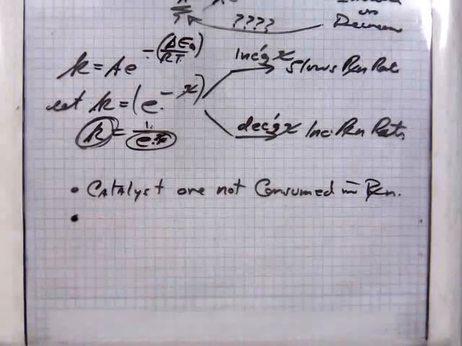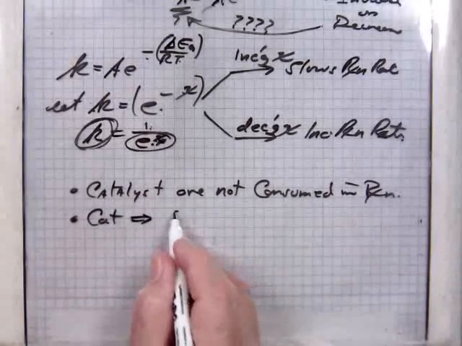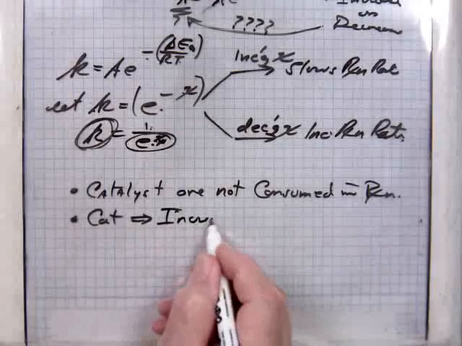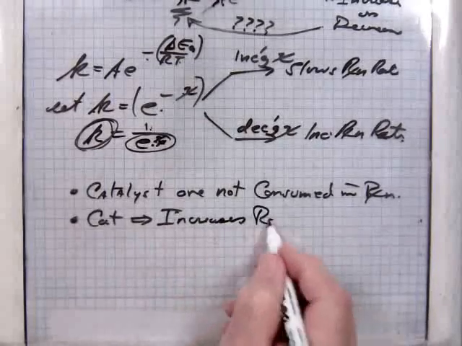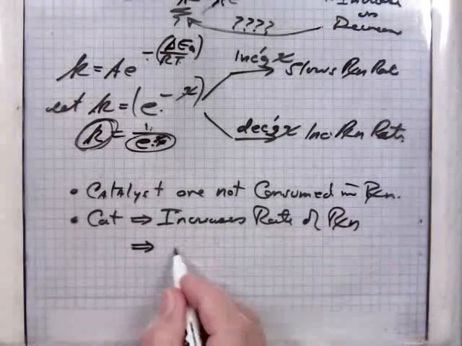And a catalyst that speeds up the reaction is typically called an accelerator.